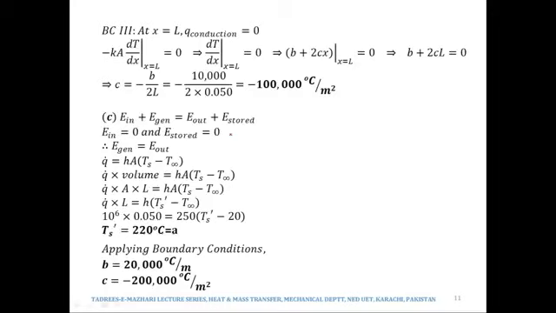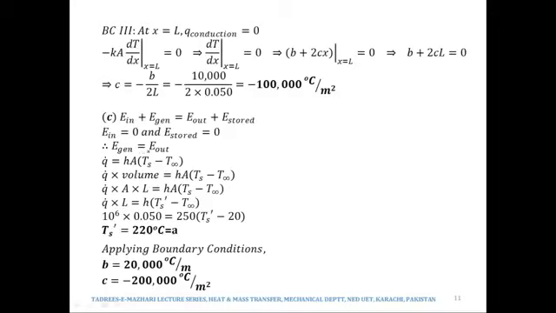We have to wait till the system achieves the equilibrium state again, and that new value of T naught dash would be the new value of A. So when we say energy stored is 0, we are not talking about that temporary phase, rather we are talking after the system has attained the new steady state after passing through that temporary transient phase.